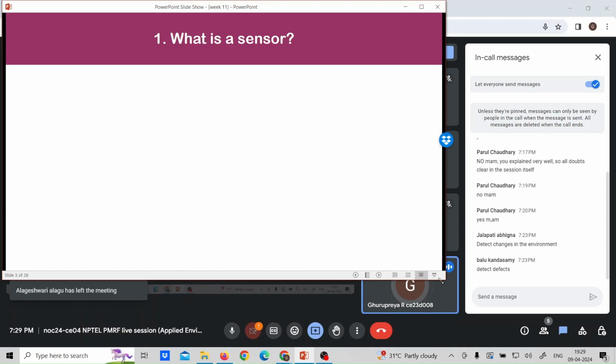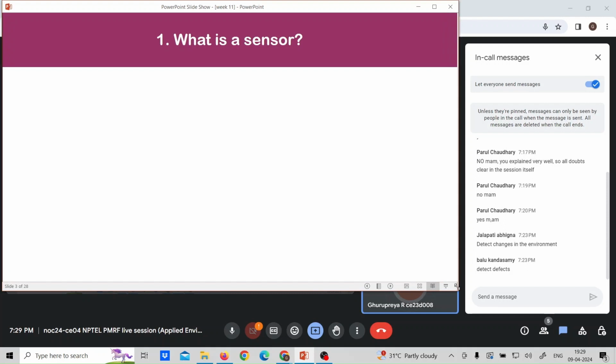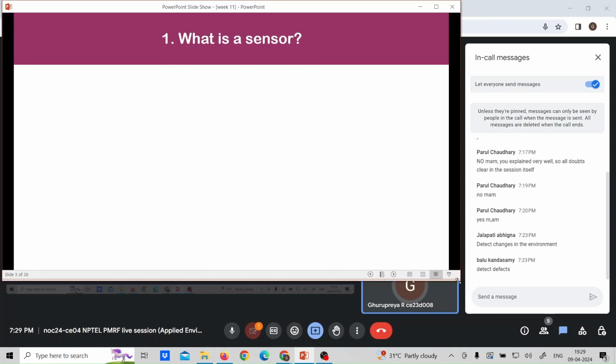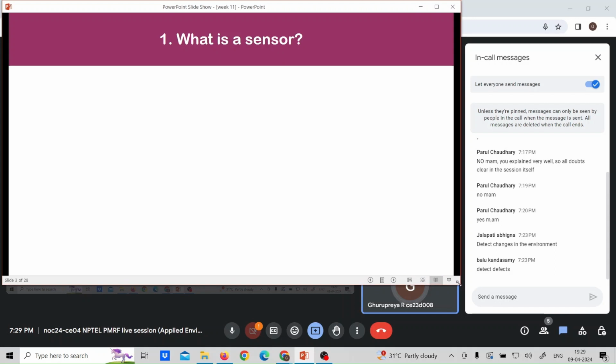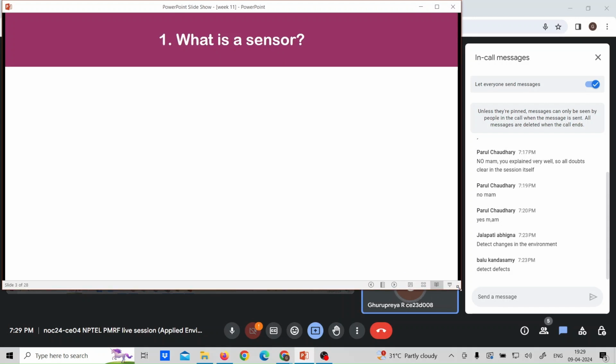Before understanding any particular sensor, you have to know what a sensor means, because it is used in varied fields. Whatever you are going to be working on in the future, you can use sensors. So, any examples of sensors? It can be a biosensor, it can be a non-biosensor, it doesn't matter.